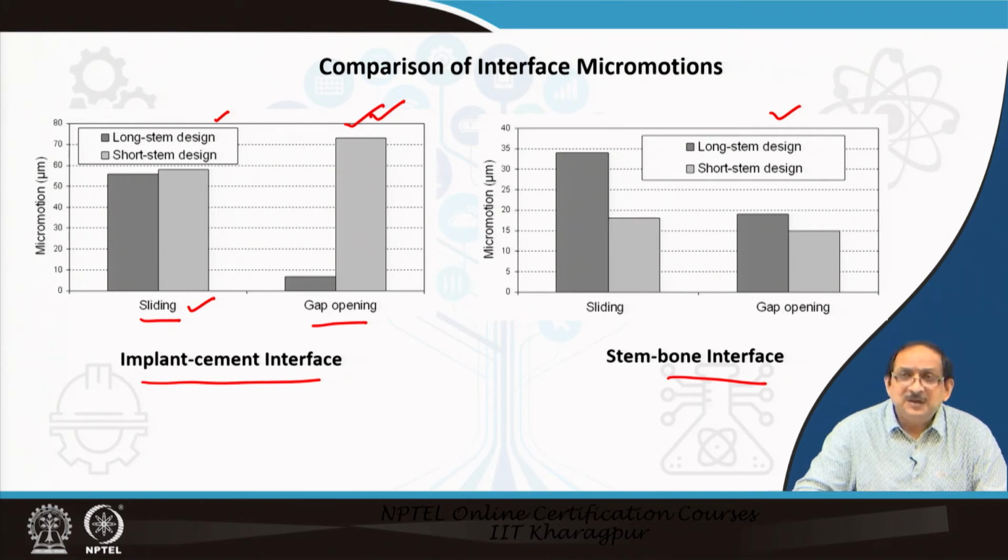This happens in the case of the implant-cement interface. Now, if we move to the stem-bone interface, we can see that sliding micromotion is less, almost half, in the case of the short stem design as compared to the long stem design. However, the gap opening for both the designs is almost similar.